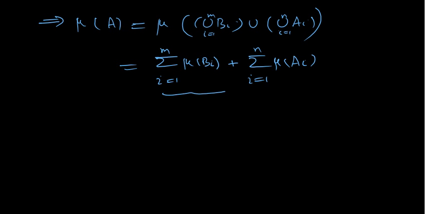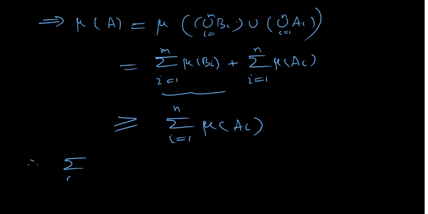But this first term is a non-negative number, so it is greater than or equal to the summation i runs from 1 to n of mu of Ai. So therefore we have that the summation i runs from 1 to n of mu of Ai is less than or equal to mu of A. This is the second property done. Now we have to check the third property.